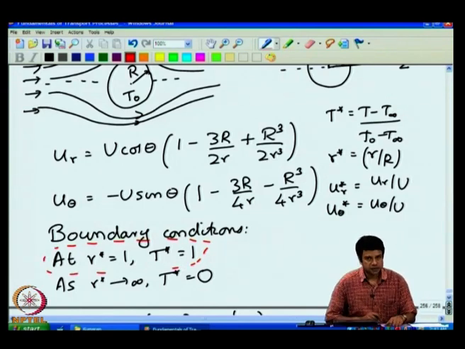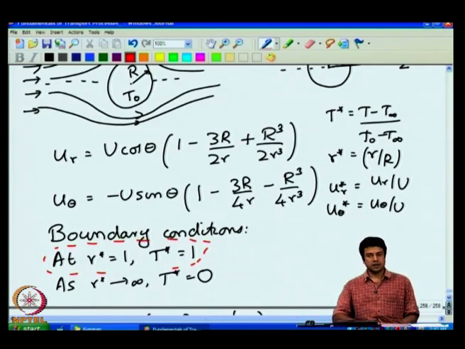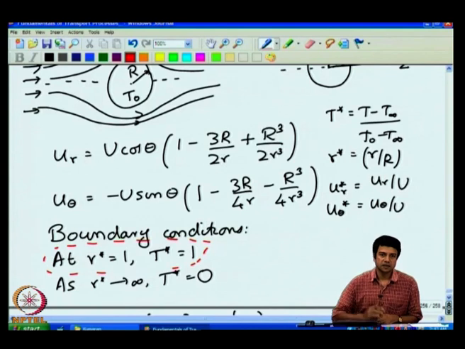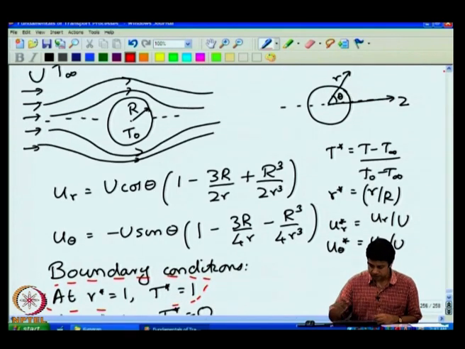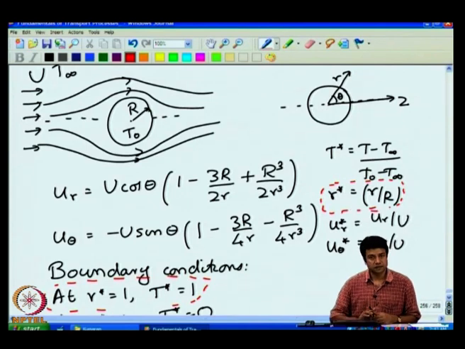In order to satisfy this boundary condition, as in the problem of the flow past a flat plate, we have to postulate a boundary layer of thickness small compared to R at the surface. Previously, we had scaled r by capital R. The assumption there was that the length scale for the variation of the temperature field is capital R itself.